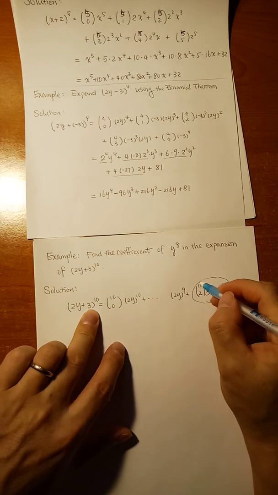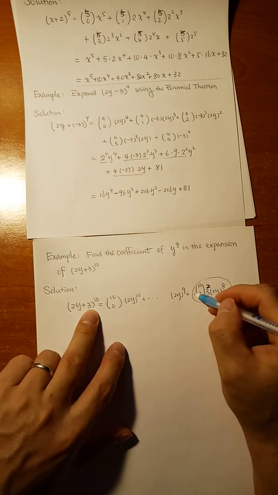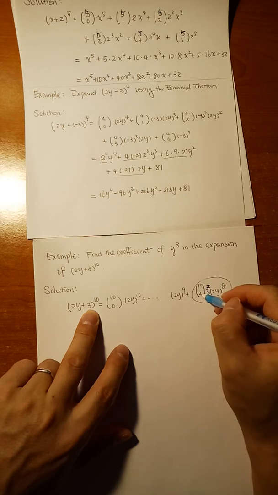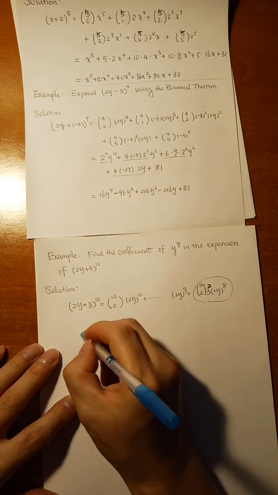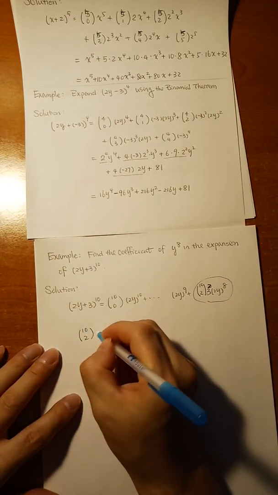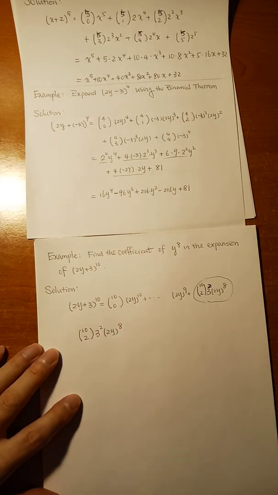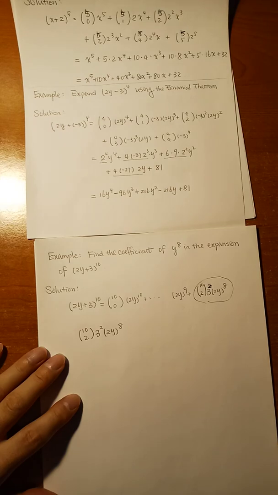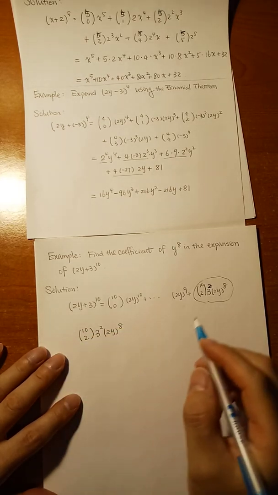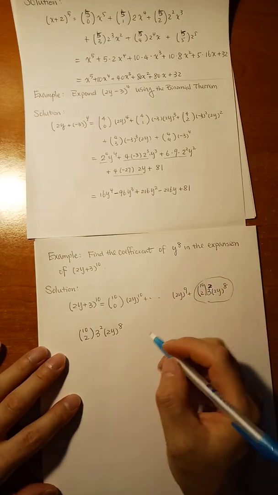This 2 means you will have the binomial coefficient 10 choose 2. So this is 10 choose 2, 3 squared, 2y to the 8th power. This term will give you the y to the 8.